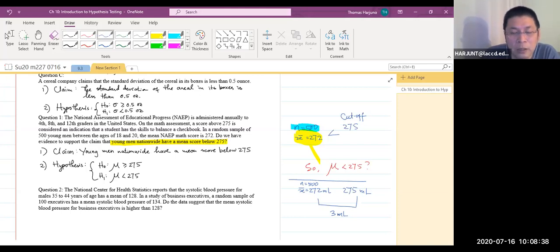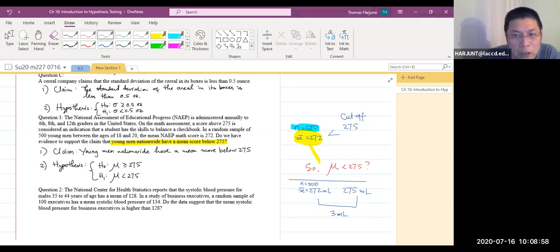Okay, but then before the jury, before the judge, you need to argue that yes, 272 may be just 3 milliliters less than what they claim. So it could be sampling error, but my sample size is so big that that's actually considered very different.